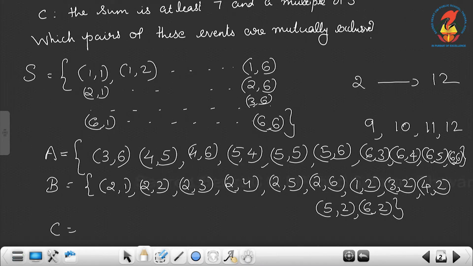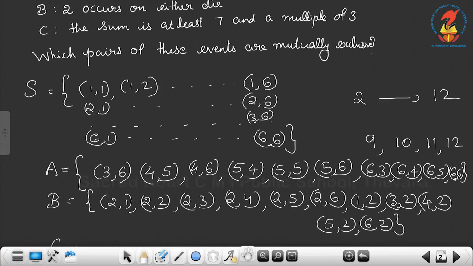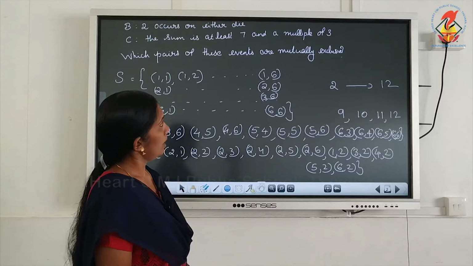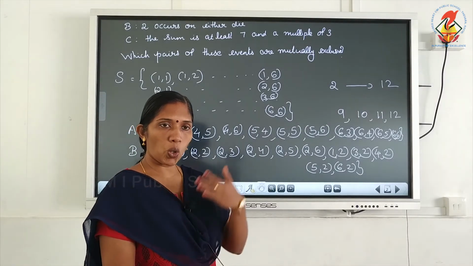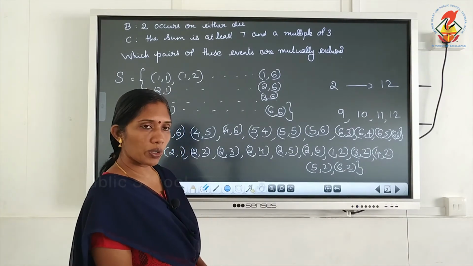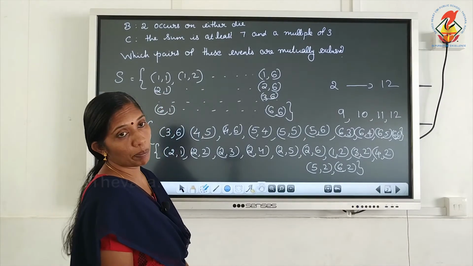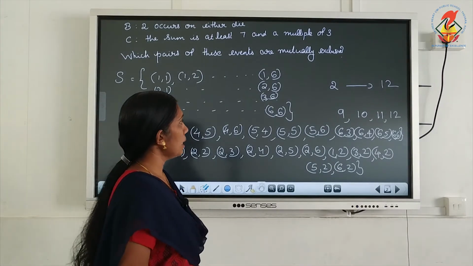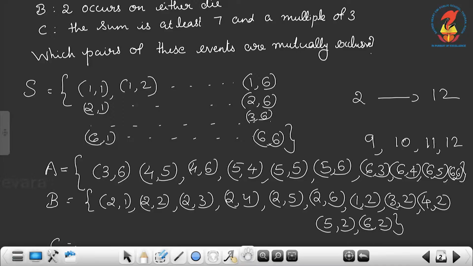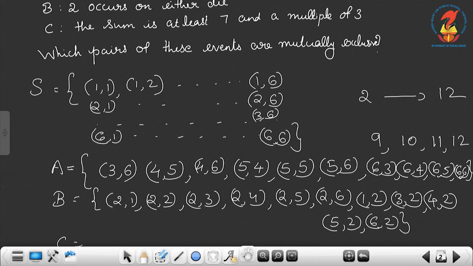Now C. C means the sum is at least 7 and a multiple of 3. At least 7 means 7 or more. The sum is 7 or more and at the same time a multiple of 3. So we take the sum as 7, 8, 9, 10, 11, 12. These we can take, but multiple of 3 means only 9 and 12.